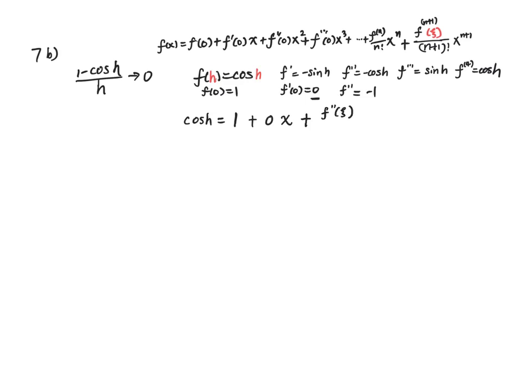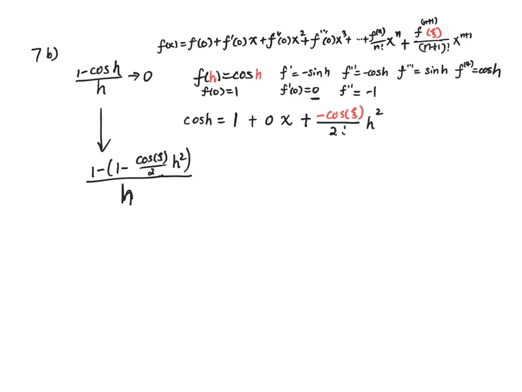Because f double prime is negative cosine, this should become negative cosine of xi divided by 2 factorial, h squared, right? And now if you plug this into this expression, that's what we have: cosine xi over 2 factorial, which is 2, h squared over h.